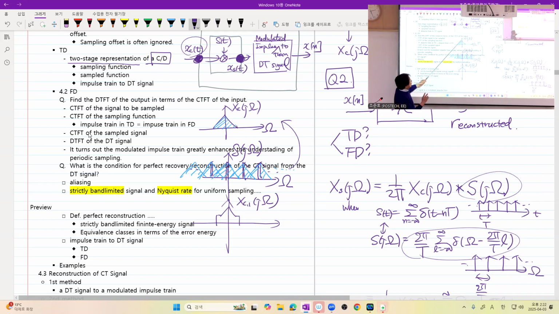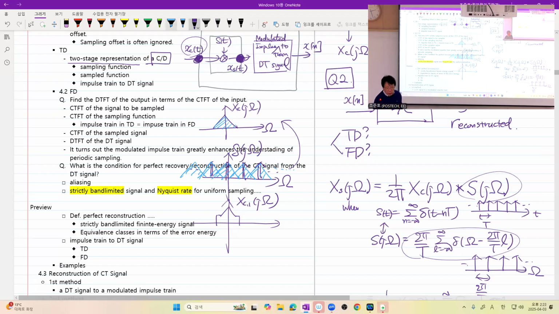Two different input spectra generate the same output spectrum, so uniqueness of the input signal is not guaranteed in general. Got it? However, if you assume the input signal satisfies a certain condition, then uniqueness is guaranteed. What is that?